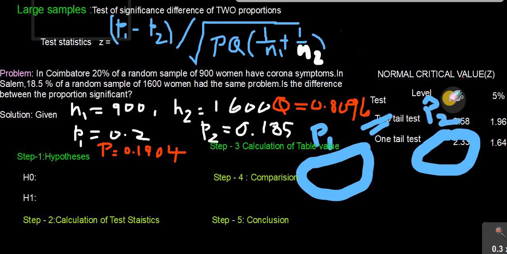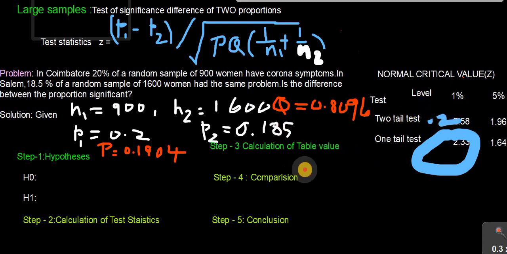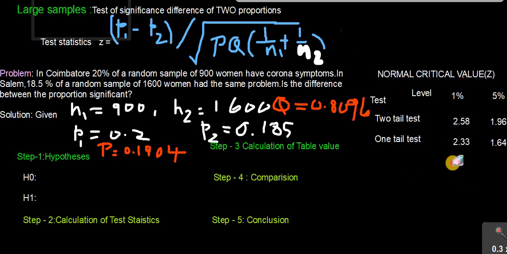I was explaining already to you. Am I correct? So the null hypothesis I am taking here as P1 equals P2. Okay, P1 equals P2. Capital P1, that is the population proportion in Coimbatore, is exactly equal to the population proportion in Salem.